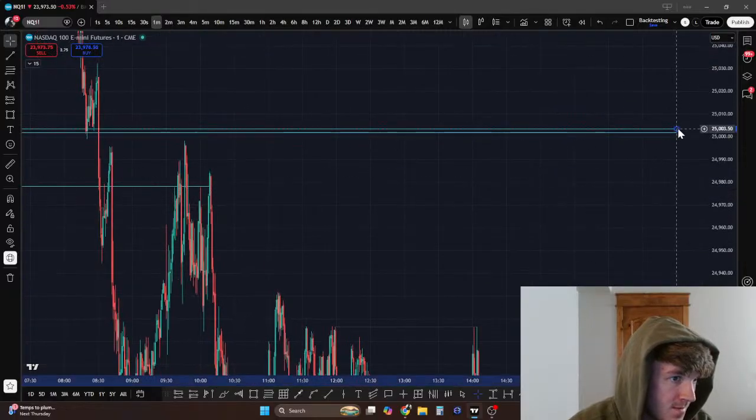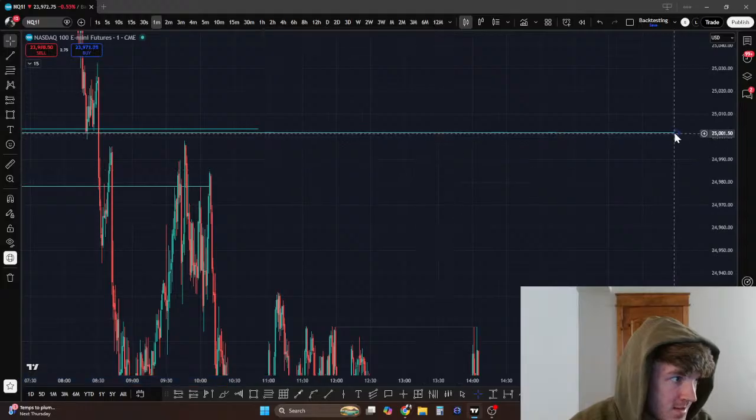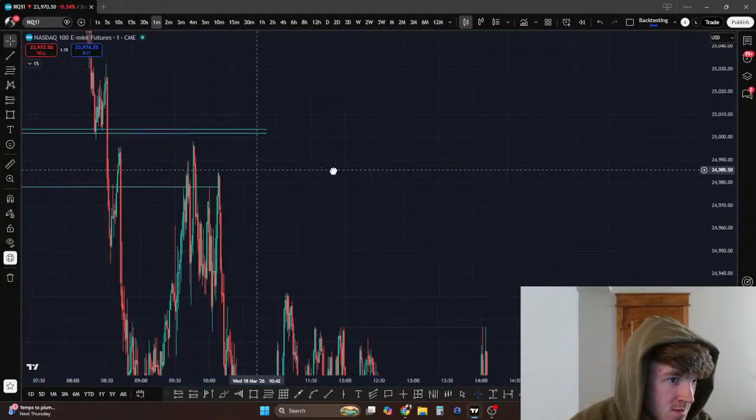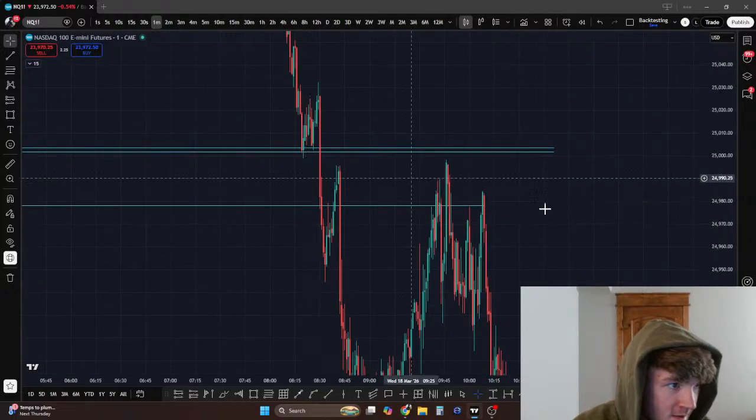So it's like, here's the new day opening gap. From here to here is the daily volume imbalance.